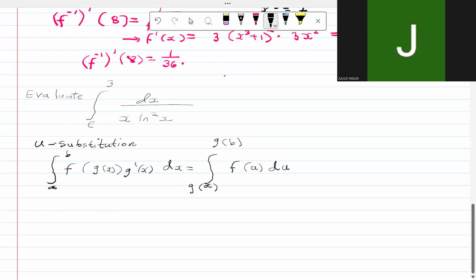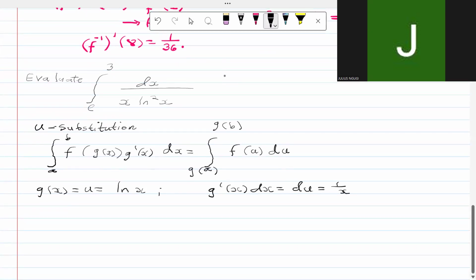So if you inspect this function, you find that if you let g of x, which is equal to u, be equal to natural log of x, you find that g prime of x, if you do the derivative, is equal to du, which is equal to 1 over x, if you check on it well.